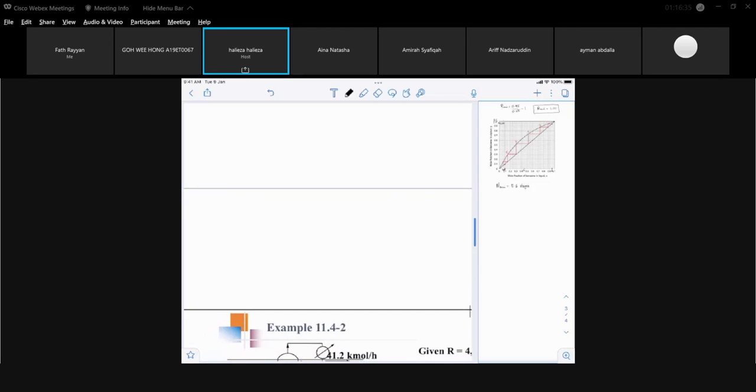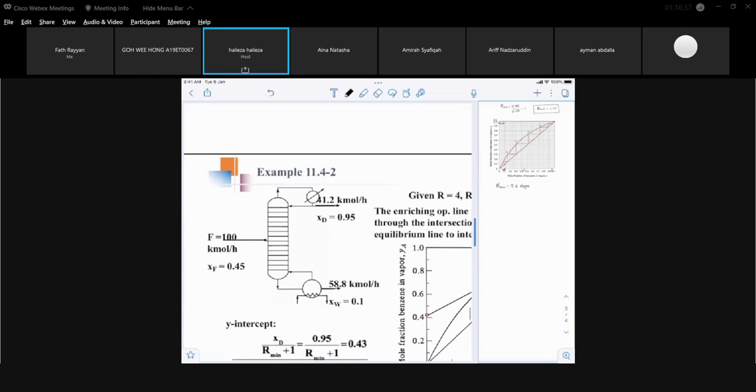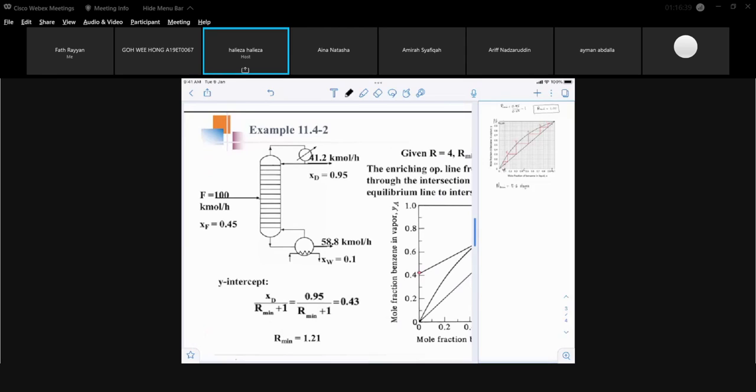After that, we should be looking at multi-component distillation, but I'm thinking of not doing it immediately after McCabe-Thiele, because multi-component distillation will be covered in the final.